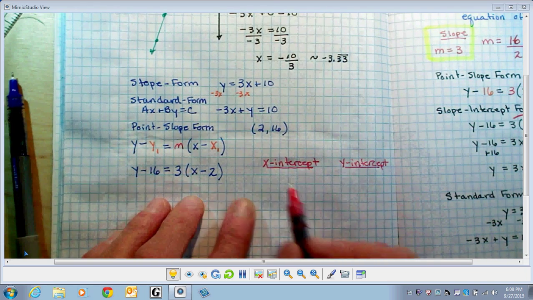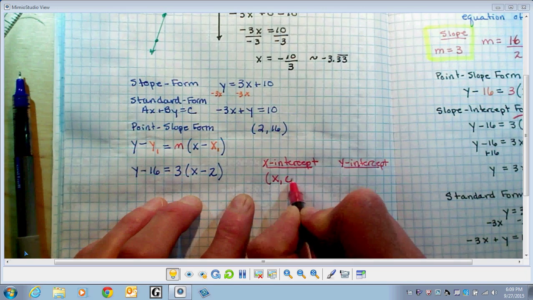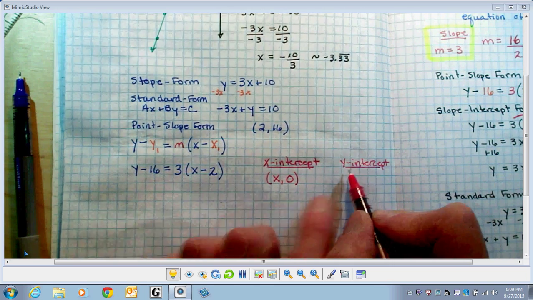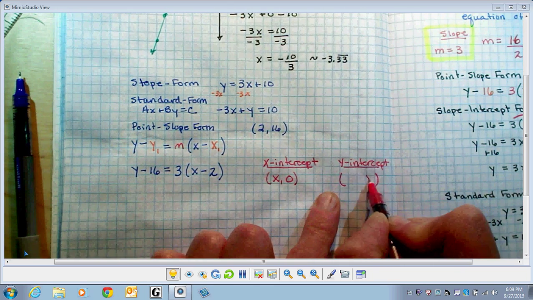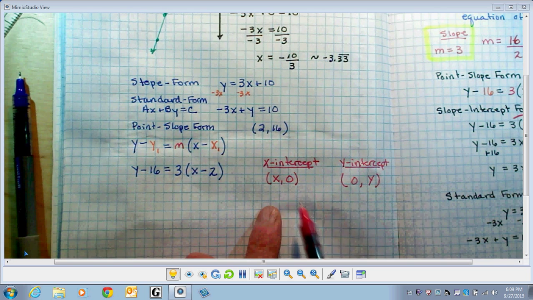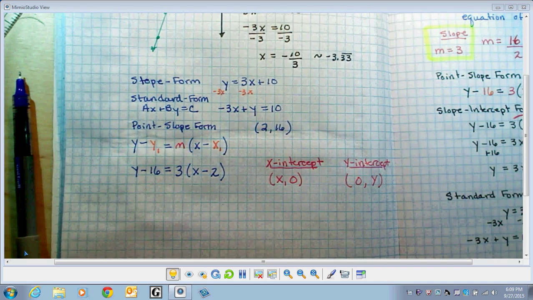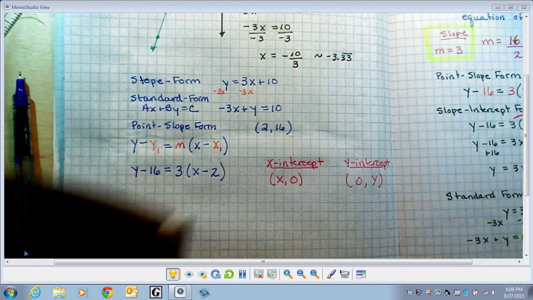Okay, so I have to think, my x-intercept, I'm looking for x when y is 0. My y-intercept, I'm looking for y when x is 0. Okay, so I could use my calculator and see where y is 0 and where x is 0 and see if I find the point that I'm looking for.